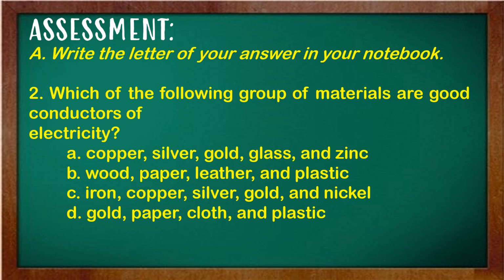Write the letter of your answer. Okay, the answer is letter C, iron, copper, silver, gold, and nickel. Who got it right? Good job. So let's proceed to number 3.